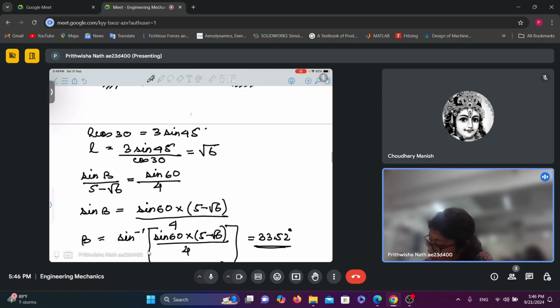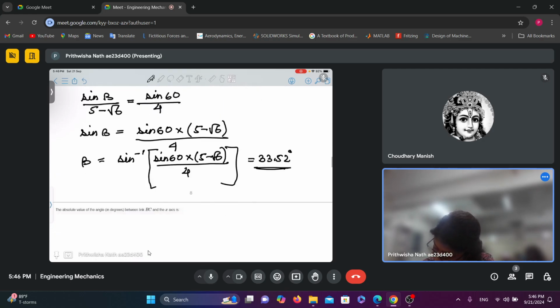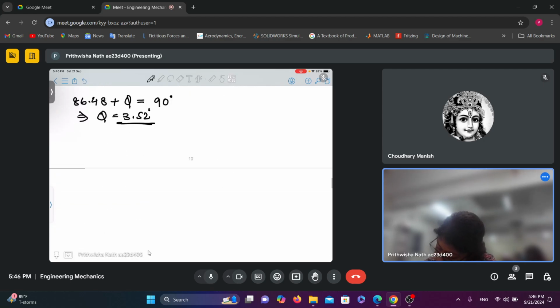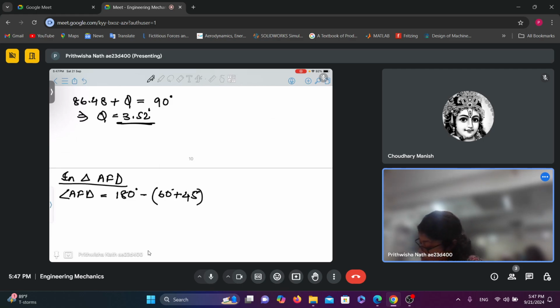And so in triangle AFD, angle AFD is 180 minus (60 plus 45). This is 75 degrees, right?